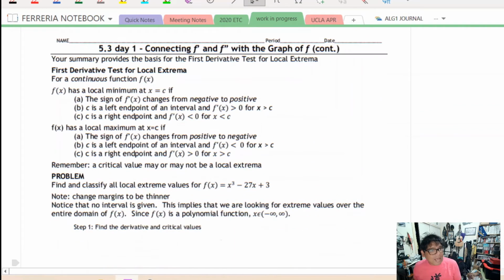So that gives us our idea for the first derivative test. The first derivative test is exactly what we did. If the derivative changes from negative to positive, that means that's a sign of a local minimum.